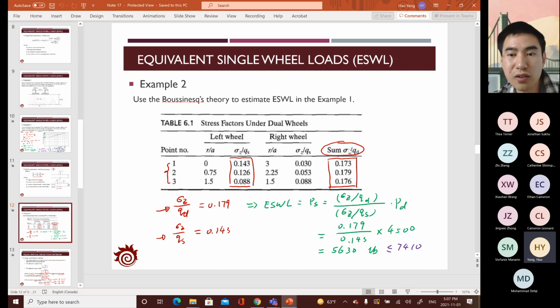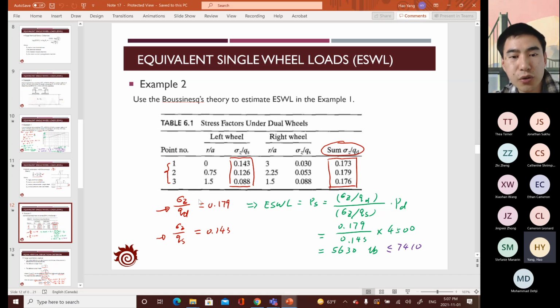Then you can find the value for dual wheels, which will be the sum of these two values. For example, at point 1, sigma z over QD will be 0.143 plus 0.03, so you add them together. At the first point, you have the value of 0.173, and you have values for points 2 and 3. Now you need to determine which value to use for the Boussinesq theory.